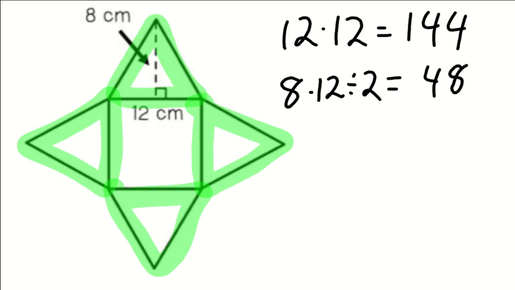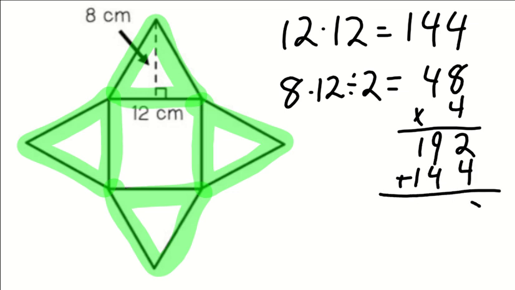How many triangles do I have? So yeah, we times it by 4. You could do 48 plus 48 plus 48 plus 48 also. Multiplying by 4, especially when you have calculators, is going to be quicker though. So we got 192 right there. Now what? Add. So 192 plus the 144 for our square.